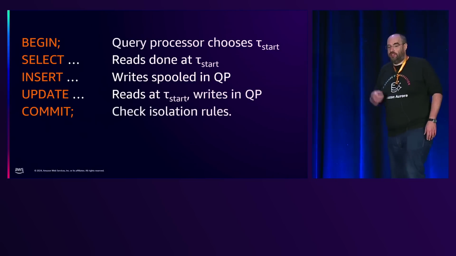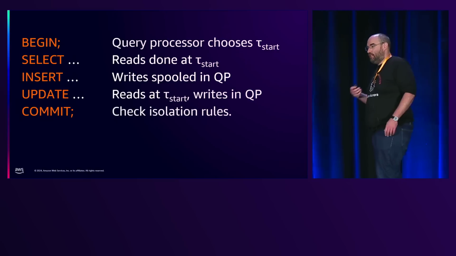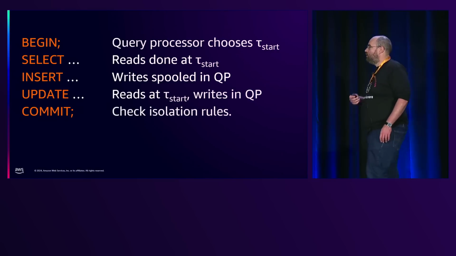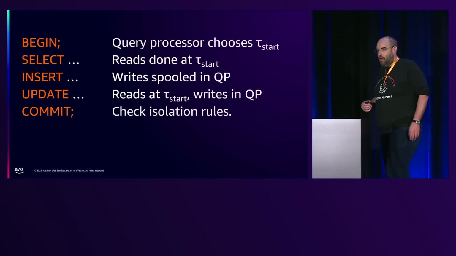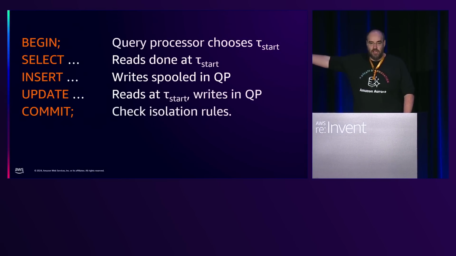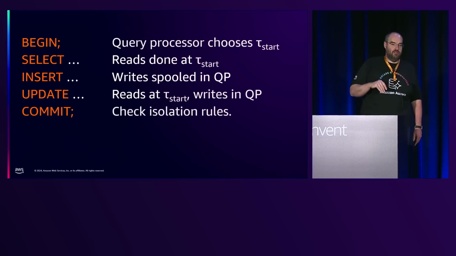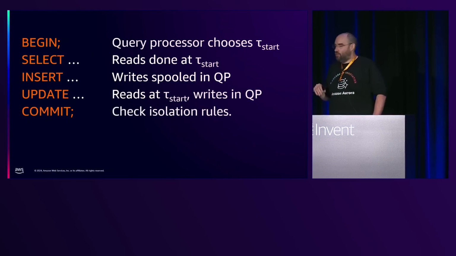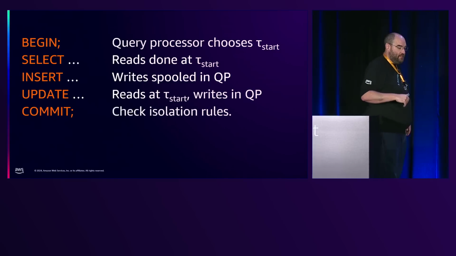Writes, inserts, updates, everything else that is a change to the database are spooled at the QP. Updates, which are read, modify, write, do exactly the same thing as selects on the read side and exactly the same thing as inserts on the write side. Those happen inside the QP.